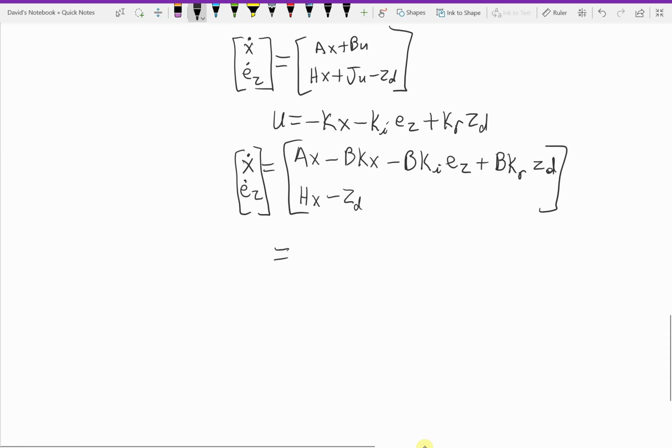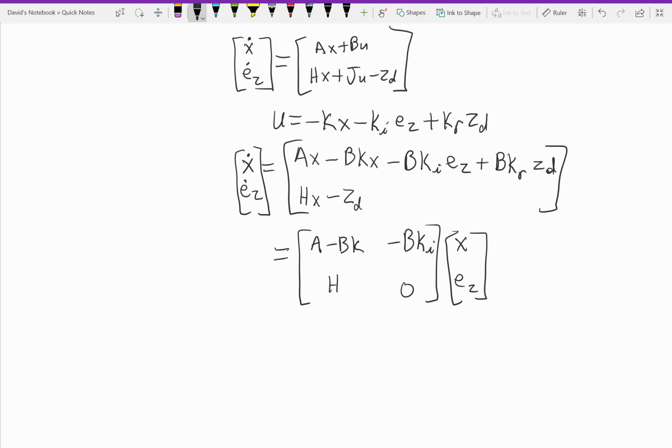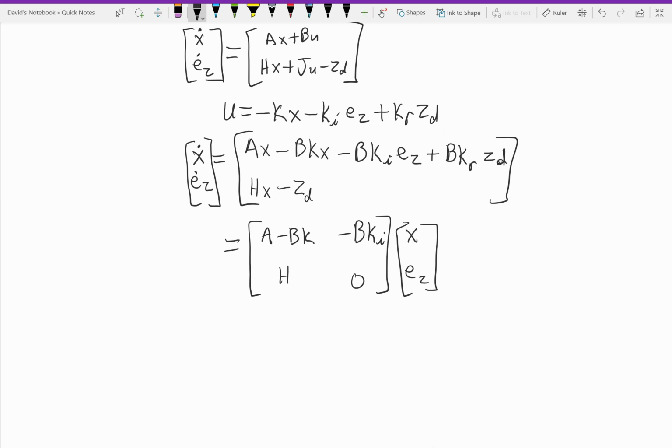You can simplify this by collecting all the terms. So I get a minus BK, and here I get B, and here I get minus BKi, and here I get 0, and then I multiply that by my new extended state. So if I have a minus BK, that's a minus BK times x, and if I have minus BKi times ez, that's equal to B times minus Ki times ez, and then down here I just have H times x, which is why that's there, and this is 0 because everything disappeared in terms of ez there.